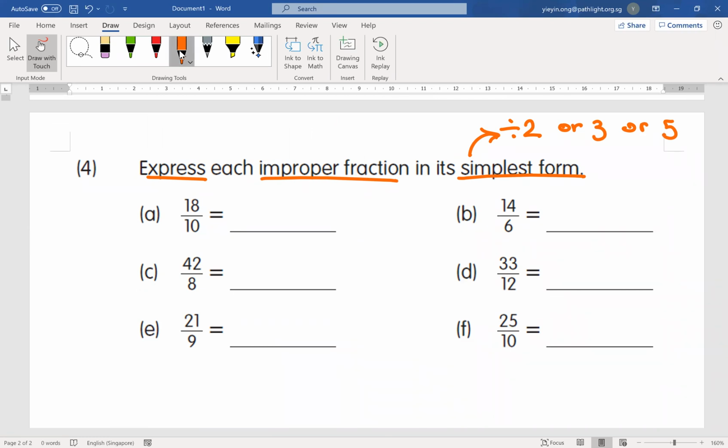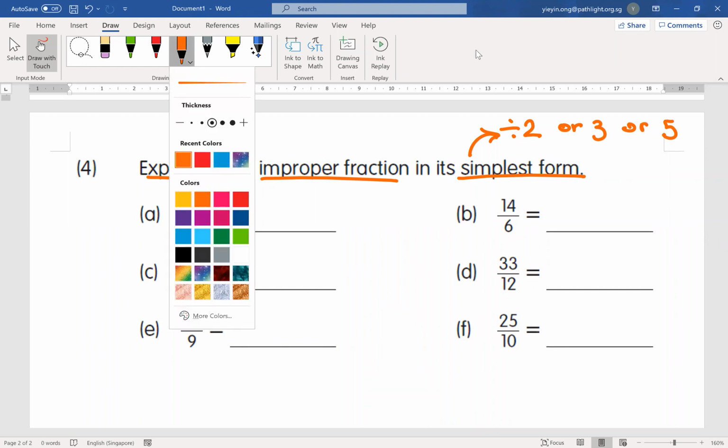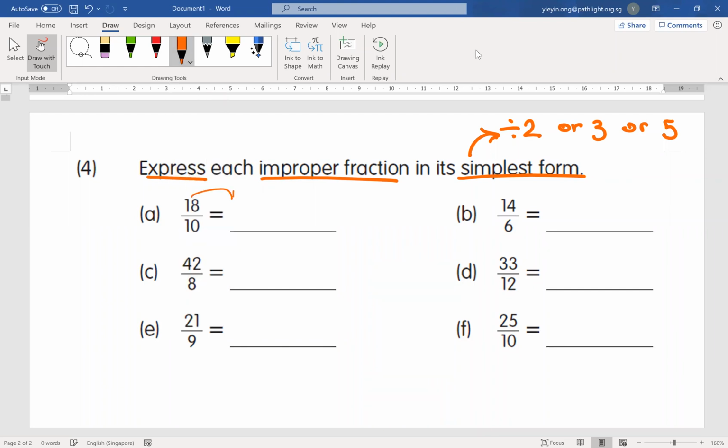Okay, so in this case, let us try question A, 18 over 10. Can it divide by 2? Yes. So we write divide by 2. Next, can 10 divide by 2? Yes. So 18 divided by 2 gives us 9, and 10 divided by 2 gives us 5. Then we think again, can we divide by 2 again? Can 9 divide by 2 to give me a whole number?